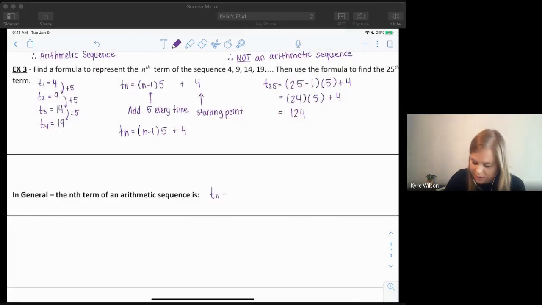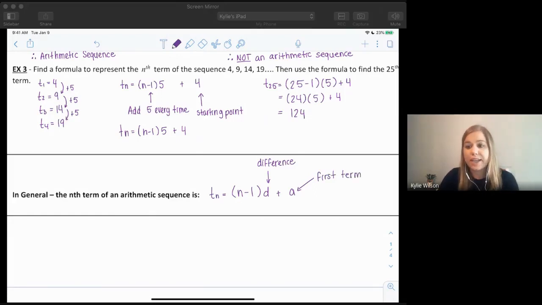Our nth term, the formula to get any term, is equal to n minus 1, my term number minus 1, multiplied by the common difference, or how much we're adding or subtracting each time, plus a, which is my first term. So no matter what, if you're given that your sequence is arithmetic, you can immediately find the general formula and plug in values here.